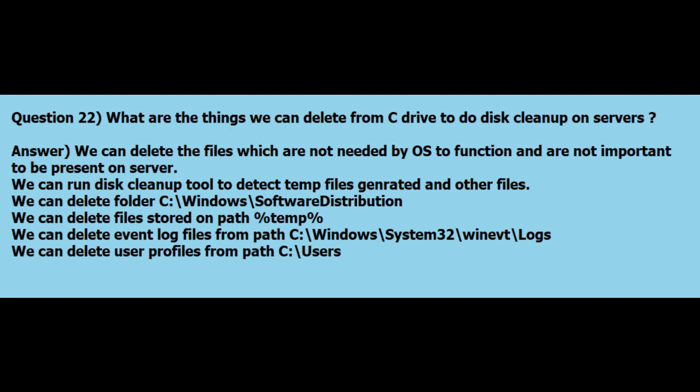Question 22. What are the things we can delete from C drive to do disk cleanup on servers? Answer. We can delete the files which are not needed by OS to function and are not important to be present on server. We can run disk cleanup tool to detect temp files generated and other files. We can delete folder at path c:\windows\softwaredistribution.